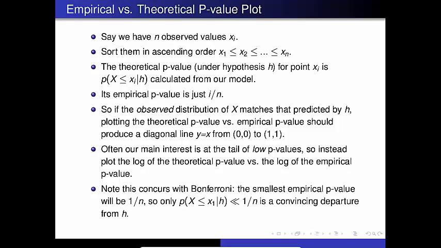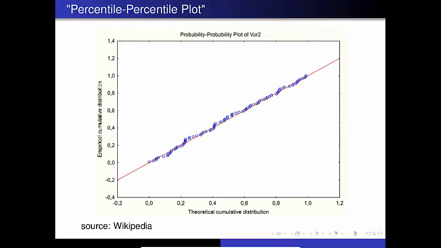If H didn't emit our data, then we're going to see deviations from that straight line diagonal. So here's an example of what that looks like.